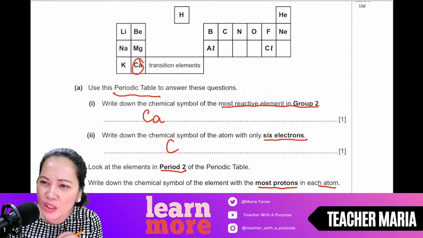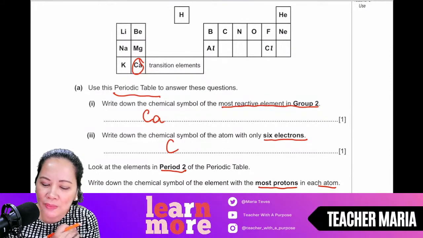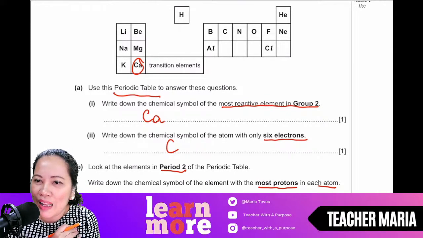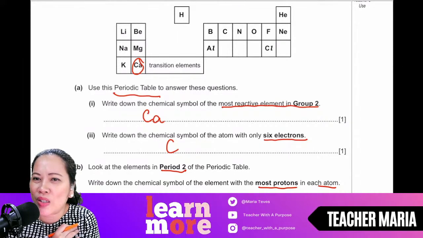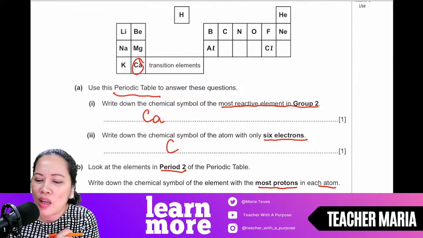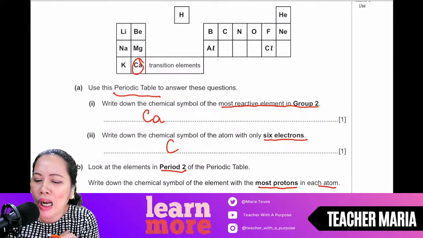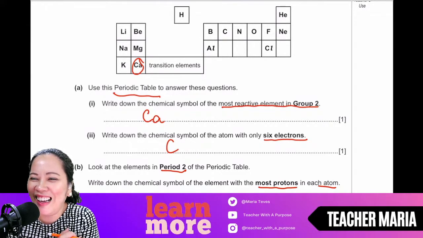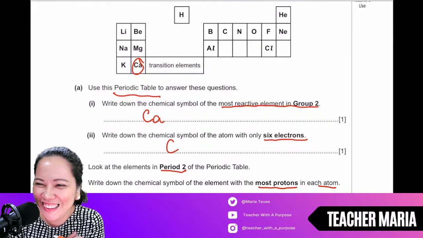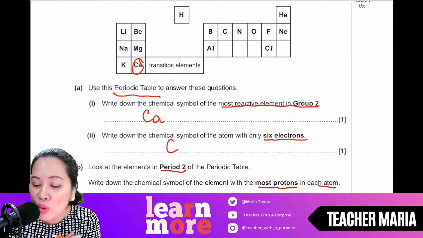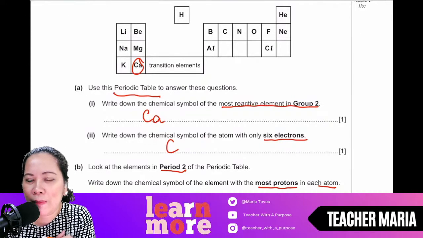Most protons in each atom. Most protons. Nope. Most protons.